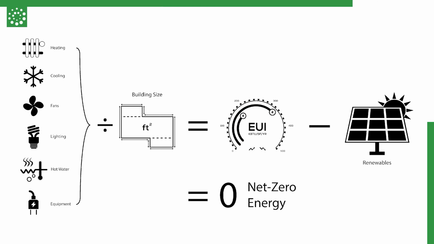The other reason that it's important is because when you have a lower EUI and you want to become net zero, you have to purchase less renewable energy, less photovoltaics or PV. So if you have an EUI, say, of a typical building in the 65 range, you have to buy enough renewable energy or PV to achieve 65 EUI.